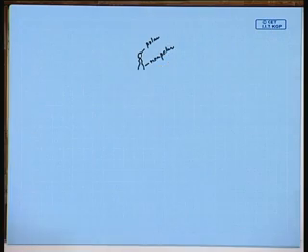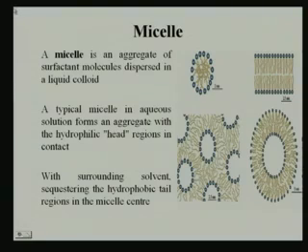Now, a typical micelle in aqueous solution forms an aggregate with the hydrophilic head region in contact with the surrounding solvent, sequestering the hydrophobic tail region in the micelle's center.